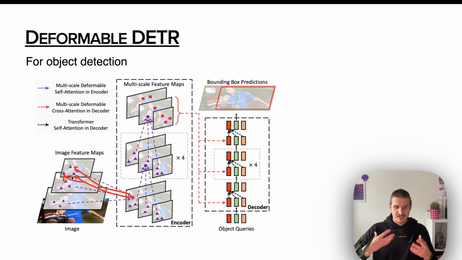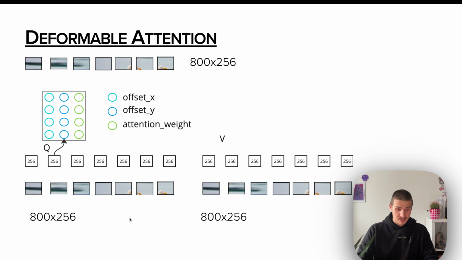And the process of decision is basically predicting some offsets with respect to some reference point. So this is how the self-attention should look like. So we have our flattened image representation as queries, the same representation as values. We don't have keys here.